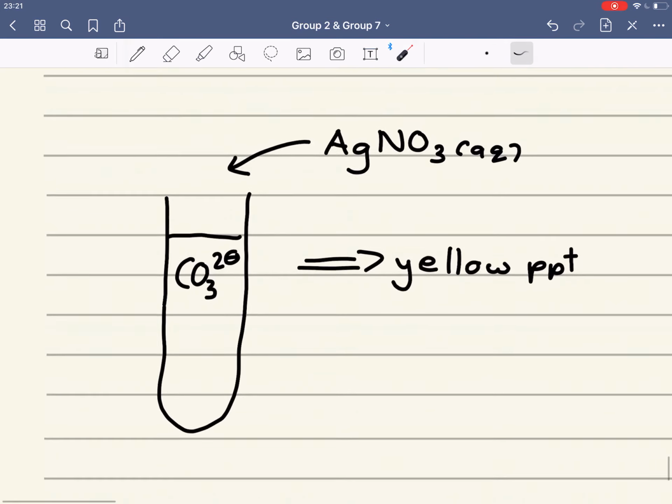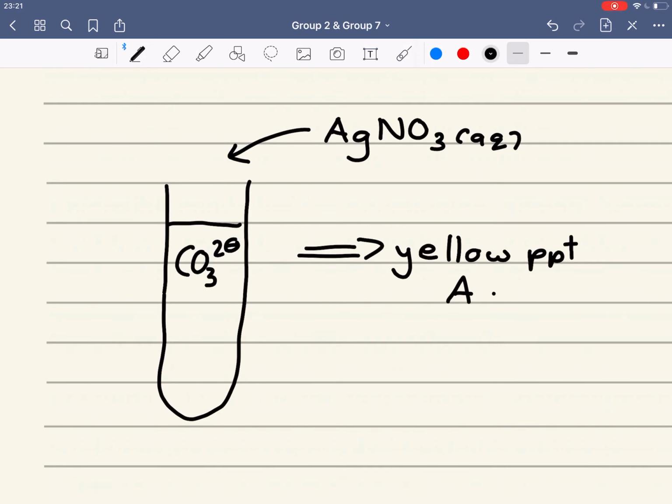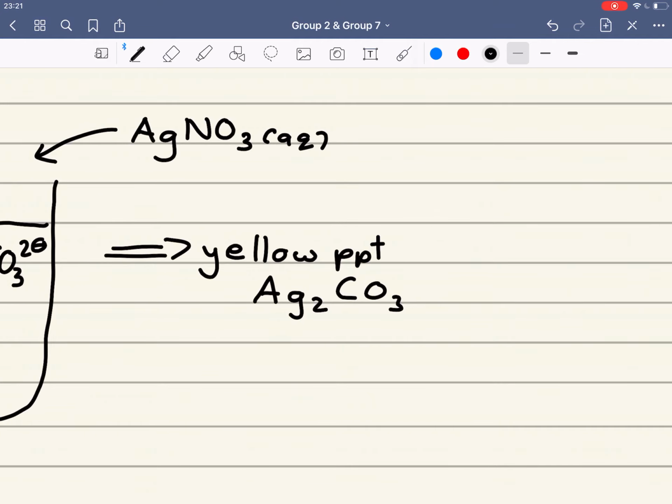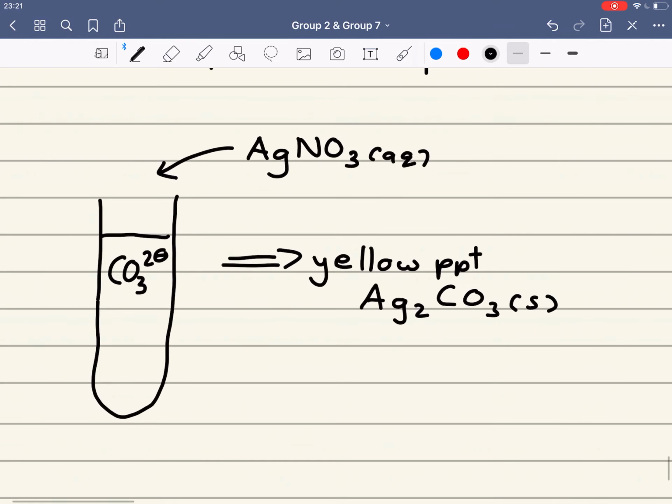But there is a problem, because when you react silver nitrate with carbonate ions, you would actually get a solid silver carbonate, which is a yellow precipitate. So you get what we call a false positive.